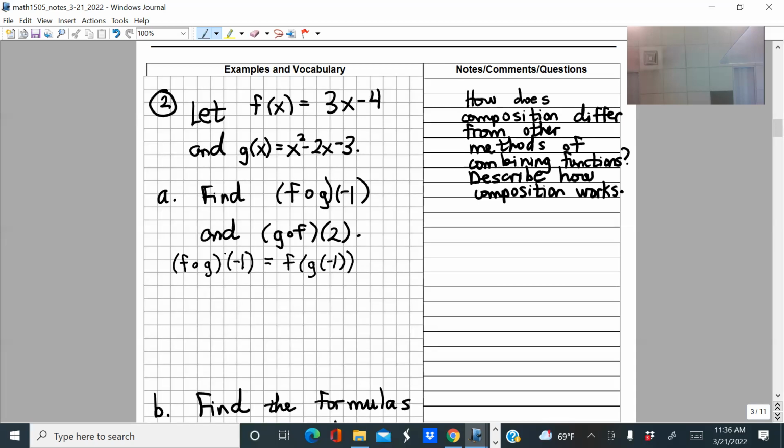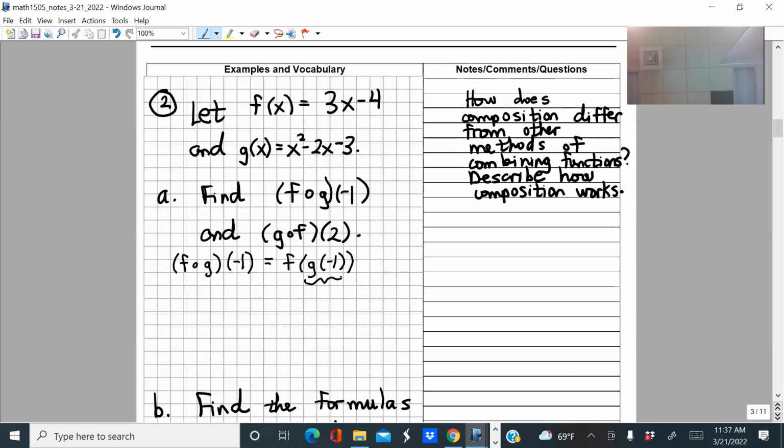So you're going to take the -1 and first plug it into G, and then that result you're going to plug into the function F. So you're feeding that one function as input to the second function. And then just follow the order of operations here, right? The order of operations says I'll compute G of -1 first, and then I'll compute F of whatever I get from that.